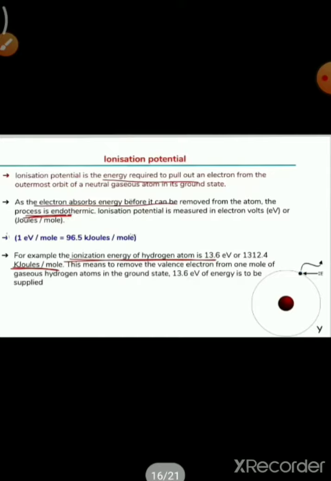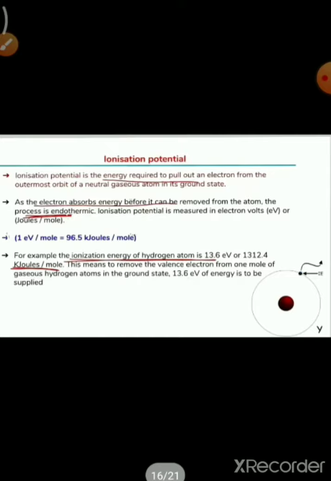So simply, ionization potential means it is the energy required to remove the electron from the outermost orbit. As the electron absorbs energy before it can be removed from the atom, the process is endothermic.